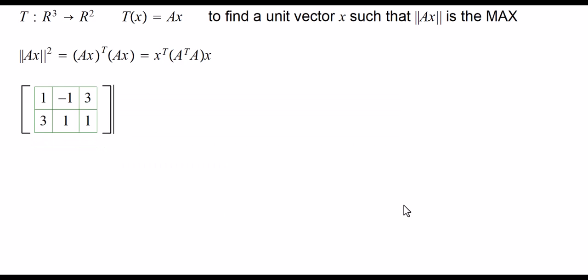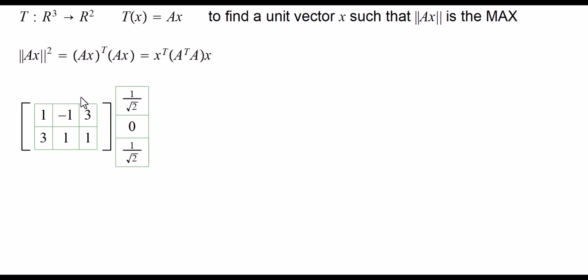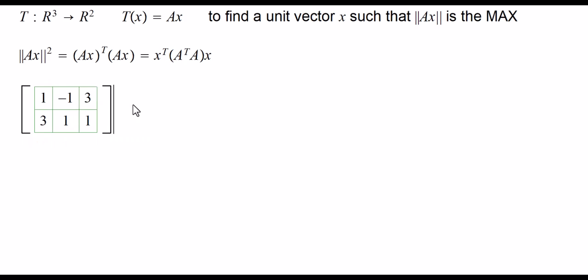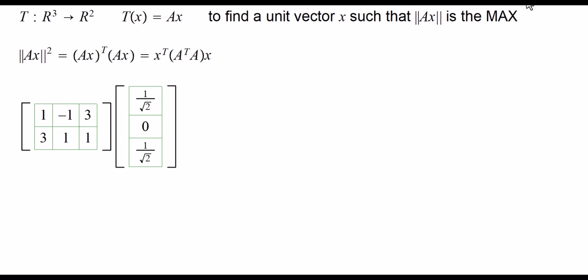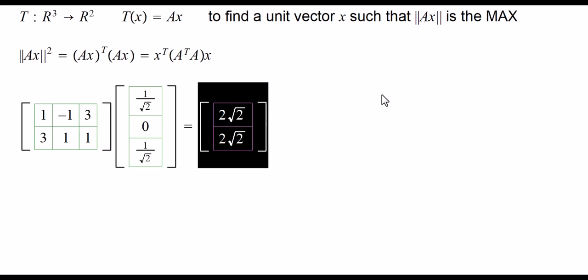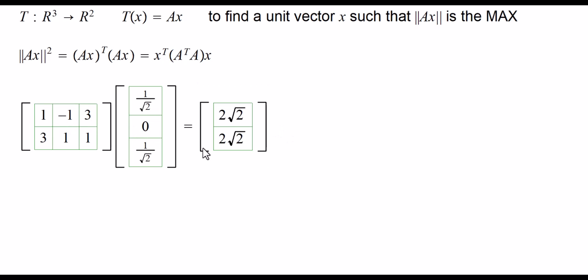If we take our original matrix and multiply that with this unit vector, then we should get a vector of length 4, as we saw earlier. You can see the length squared of this is 16, so the length is 4, and that's the maximum distance from the origin.